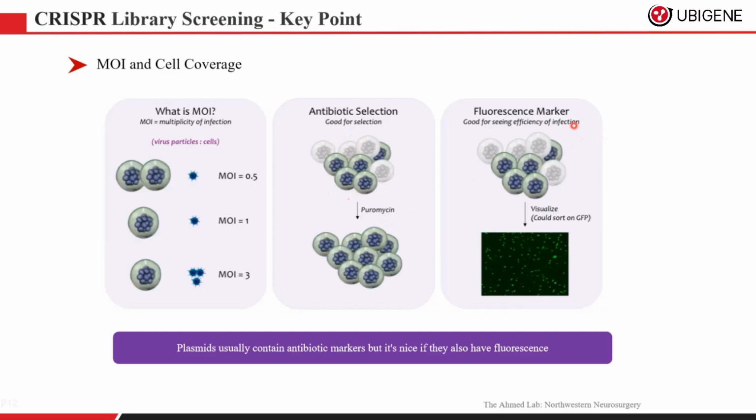This allows you to visually inspect your cells under a microscope and see exactly what percentage of them are successfully transduced. In summary, understanding MOI and using antibiotic selection and fluorescence marker are all essential for successful and consistent transduction experiment. They help you optimize your transduction efficiency and ensure that all your cells are properly modified.